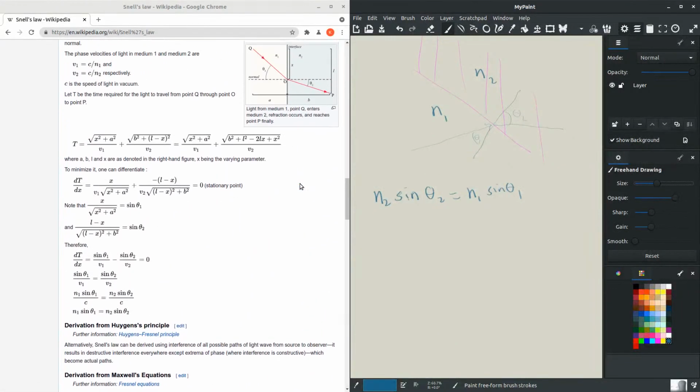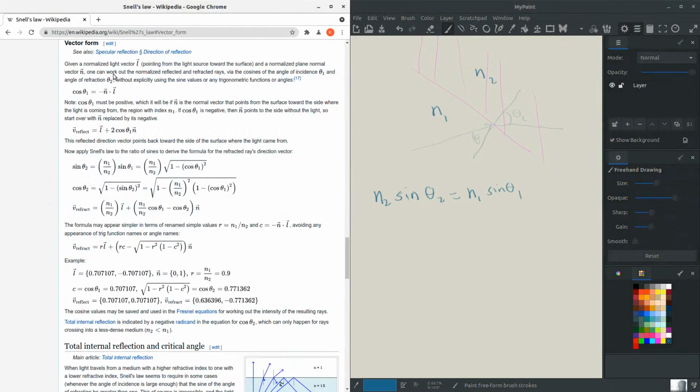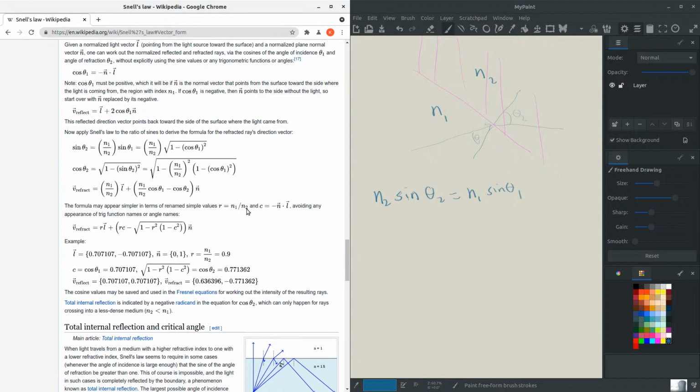We can actually look at the vector form of this, which is defined by taking this trig function, feeding it in, and it spits out this equation here, where R equals the ratio of the IORs, and C is defined with n as the normal vector.